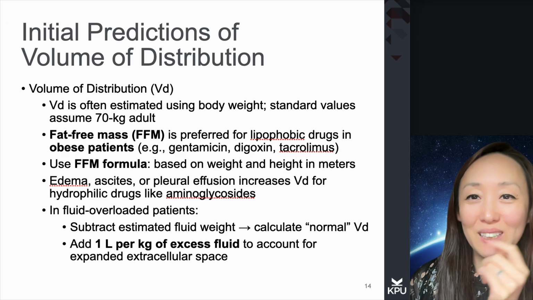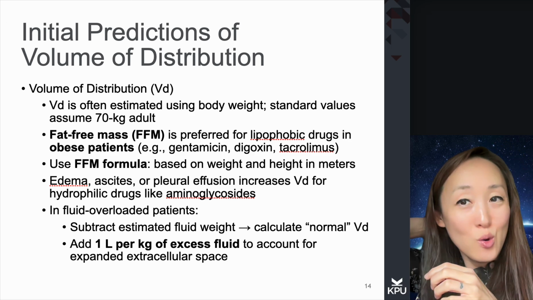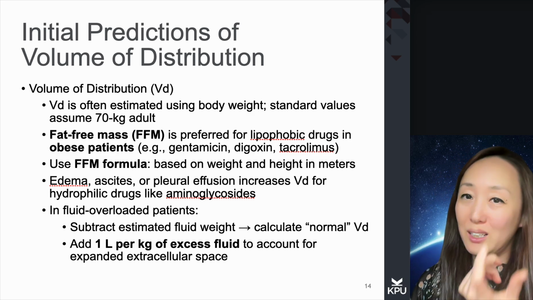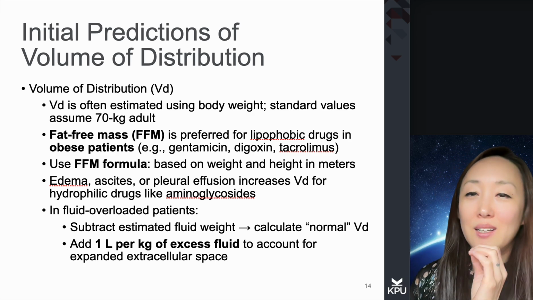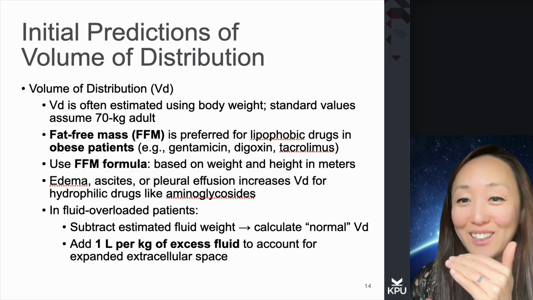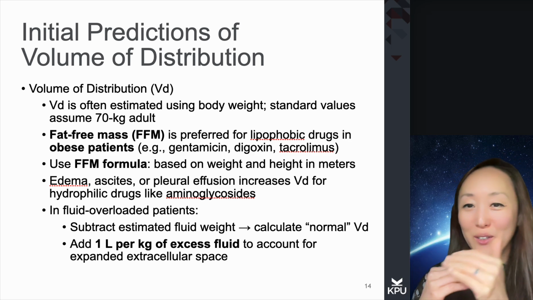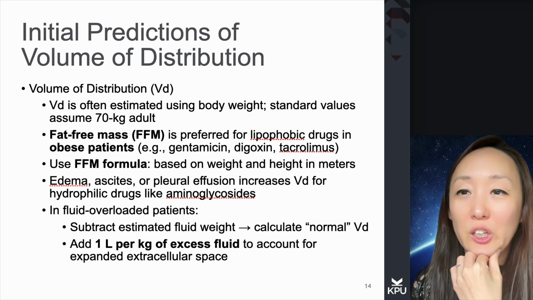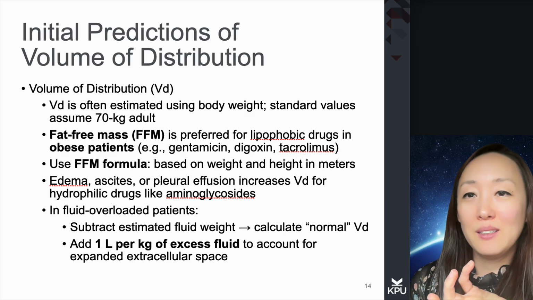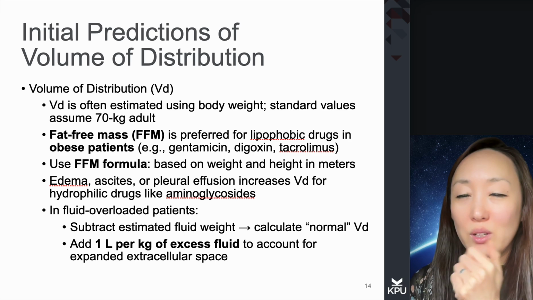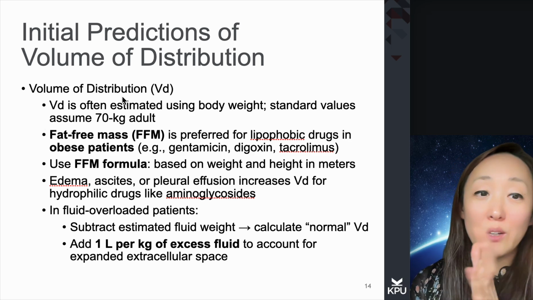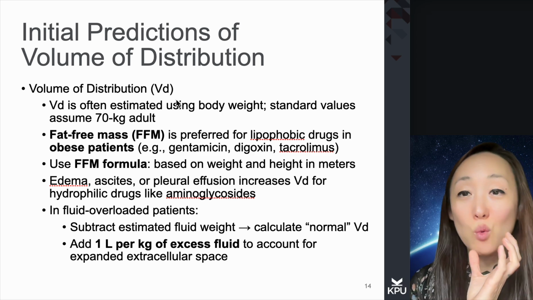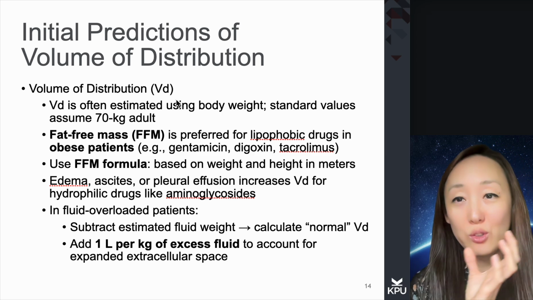Okay, let's dive into how we initially predict the volume of distribution and clearance. So just adding another layer, right? Building on from the foundation of what we already know about volume of distribution and clearance. And because this will help us individualize that drug dosing. So starting with the volume of distribution again, remember, this is how widely a drug spreads into the body tissue.